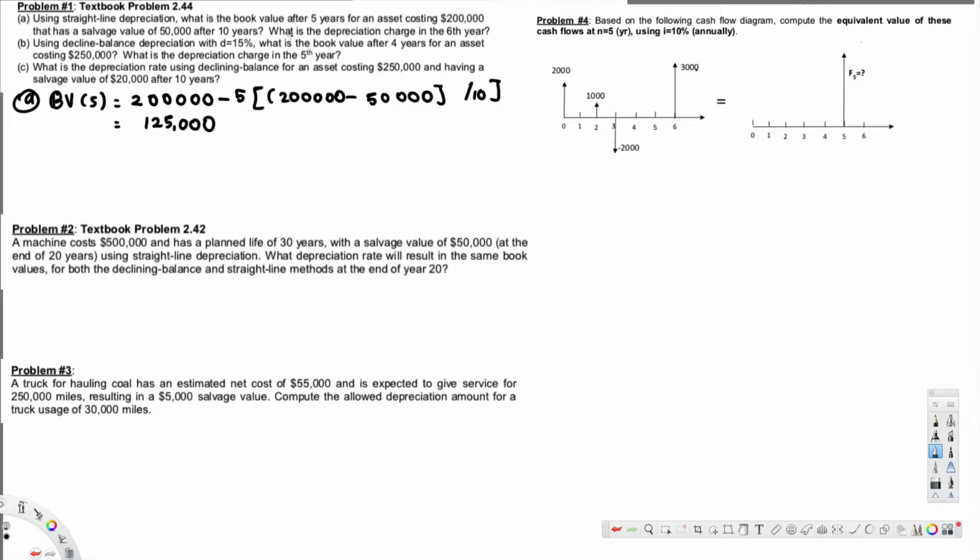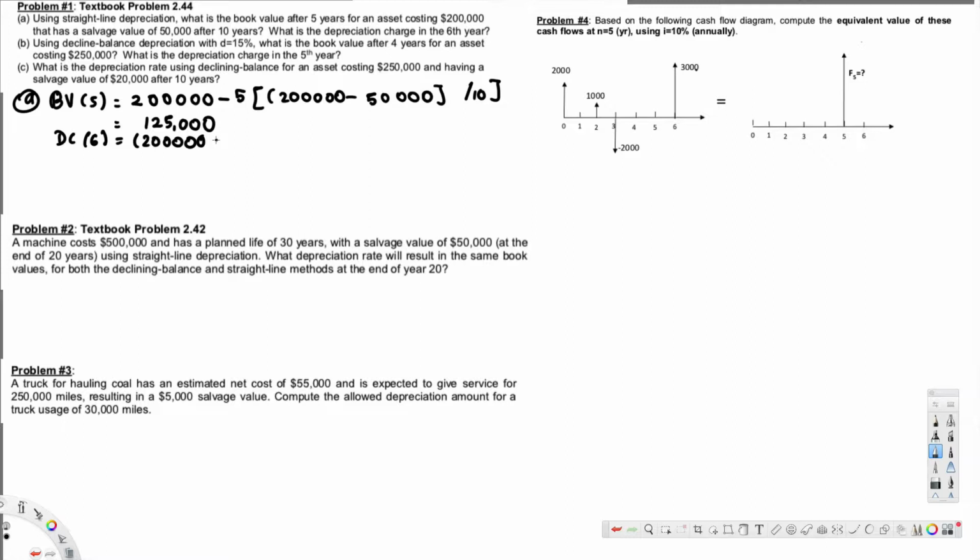The second one is asking, what is the depreciation charge in the 6th year? So DC, depreciation charge in the 6th year, is basically 200,000, that is for 5 years. In the 5th year it's this one, 125,000.